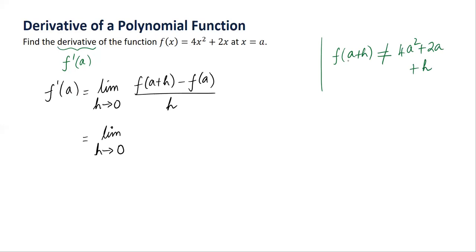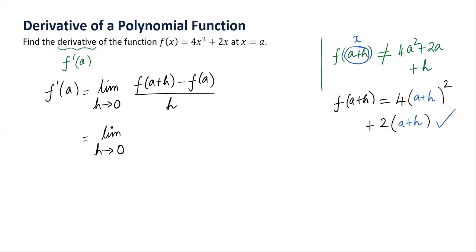Because f of a plus h means this whole thing is now your x, right? So f of a plus h means 4 times x squared, plus 2 times x. So in the place of x, you now have a plus h. Every time you have an x, you have to replace it with a plus h. So this is the correct version. So please be careful about that.